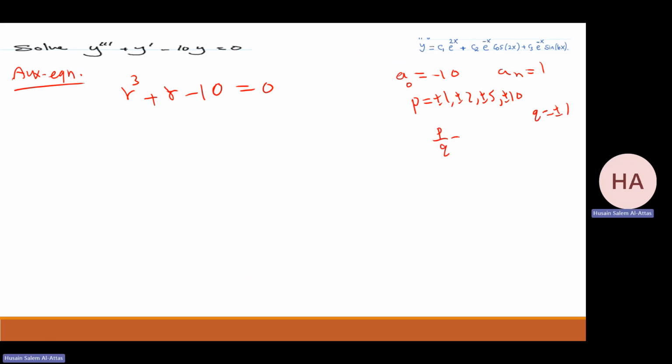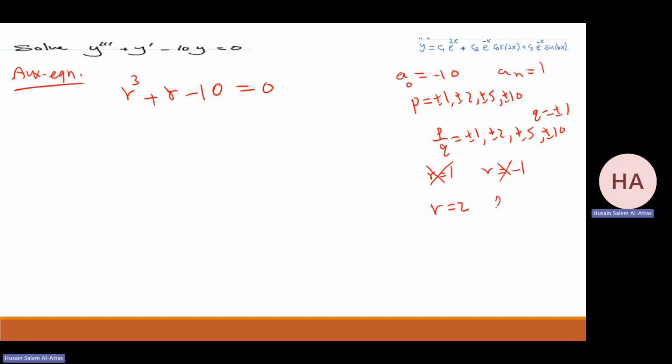So p over q. If I try 1 and substitute, that's wrong. Minus 1, minus 1, minus 1, minus 10 will be also wrong. Very clearly, the negative part will be wrong, because it will be negative, cannot be 0.